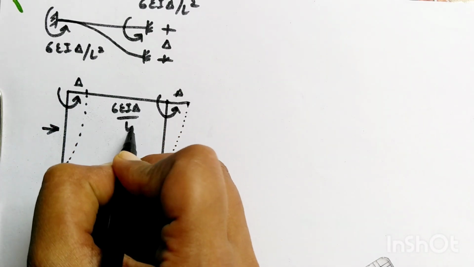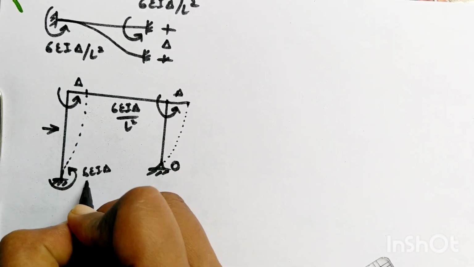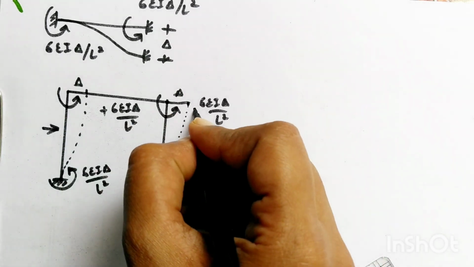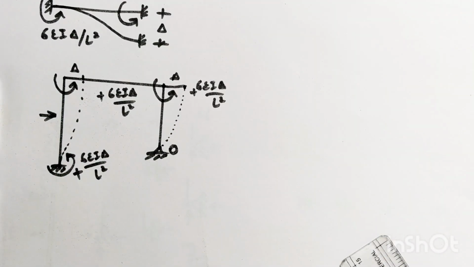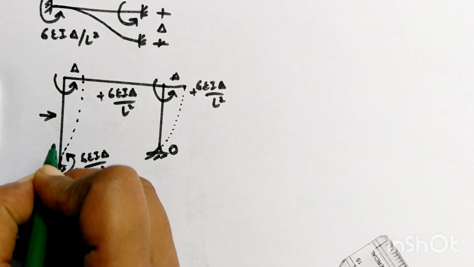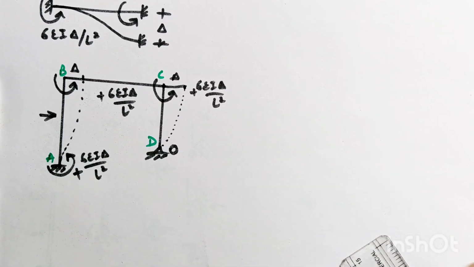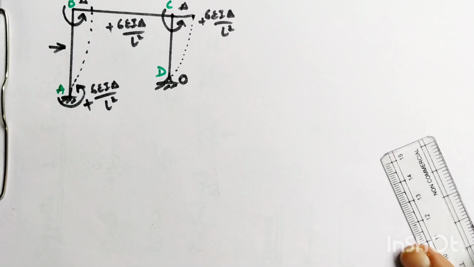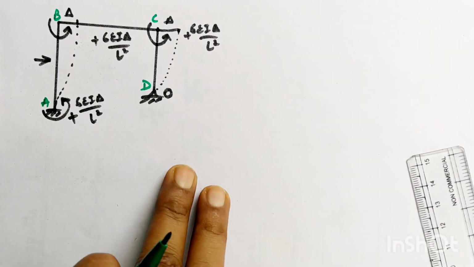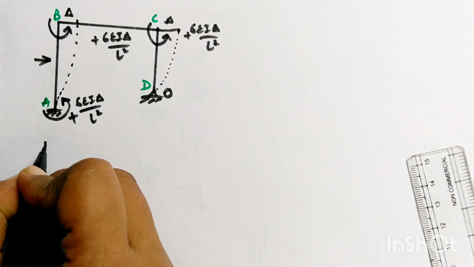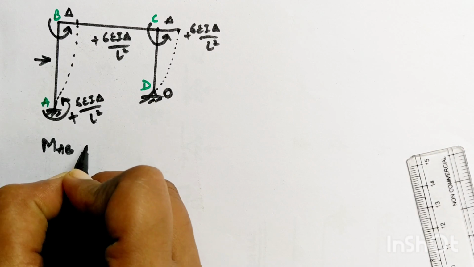So these are all positive and in the anti-clockwise direction. So the amount of moment we are having is 6 EI delta by L square. We will be using this formula to understand the amount of moment because of the geometry of the structure, which is giving a little bit more sway.